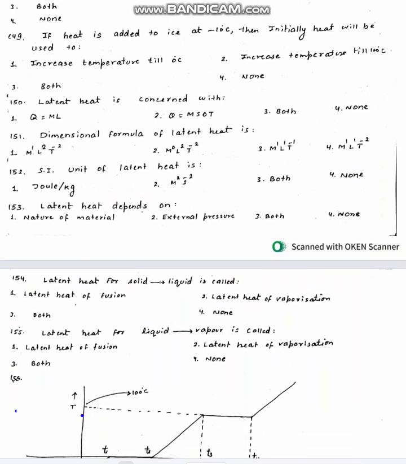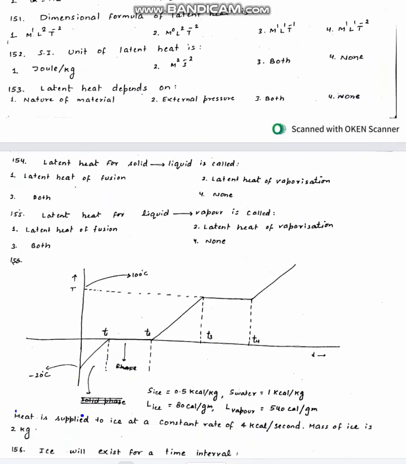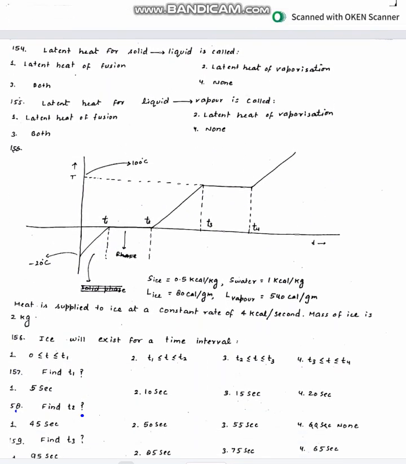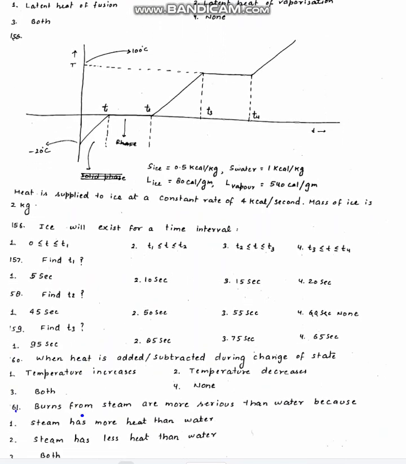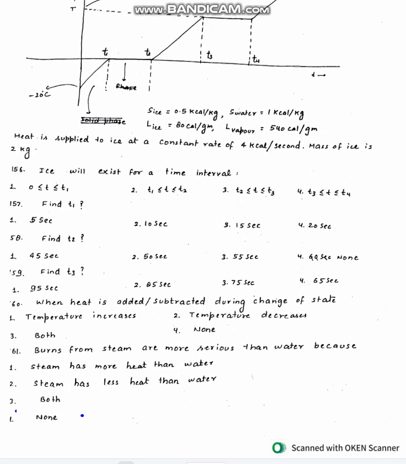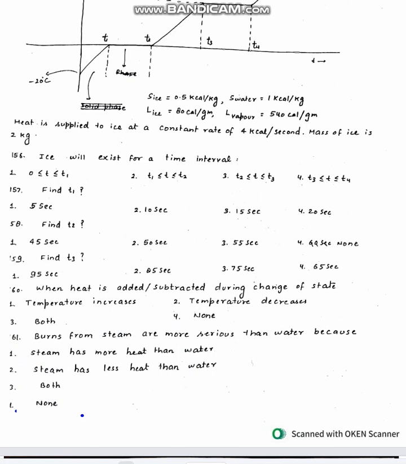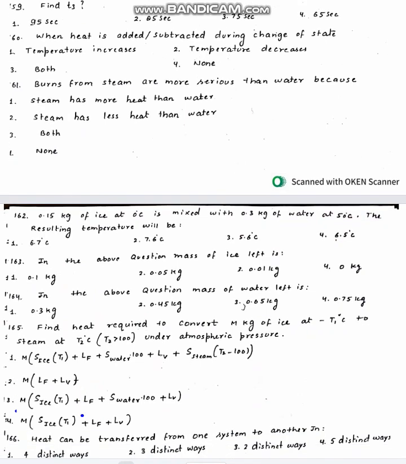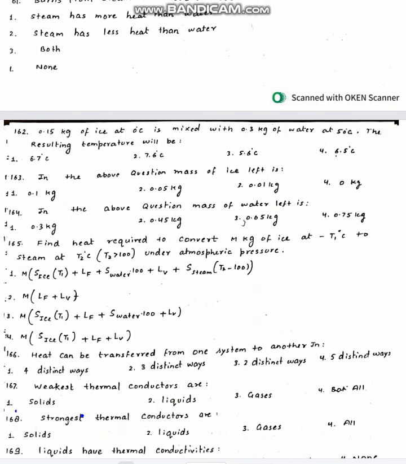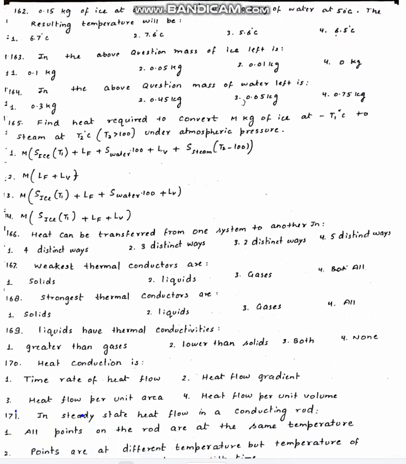Then we have dimension formula, SI unit, dependency, latent heat from solid to liquid, liquid to vapor, numerical questions based on that. T1, T2 and T3. Heat is added to a substance during change of a state. Then we have questions based on some calorimetry problems.